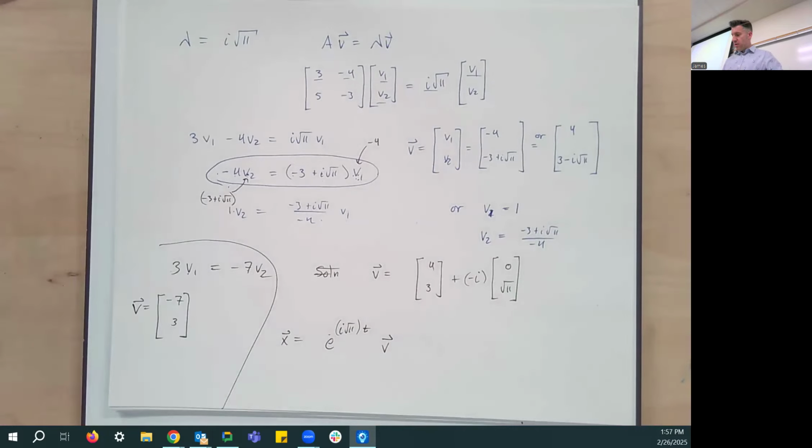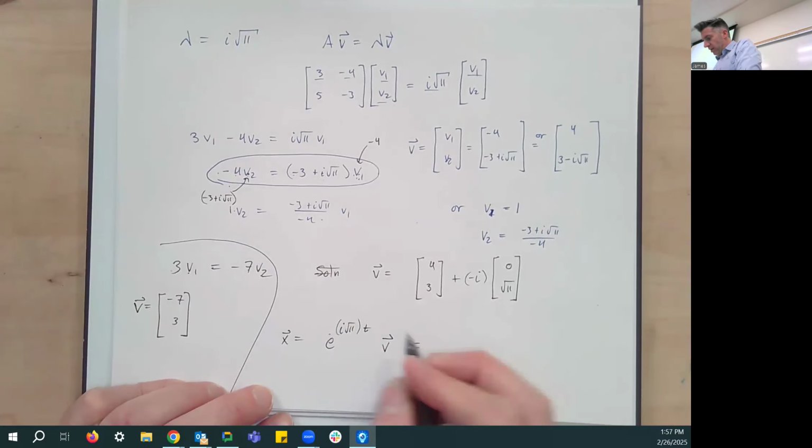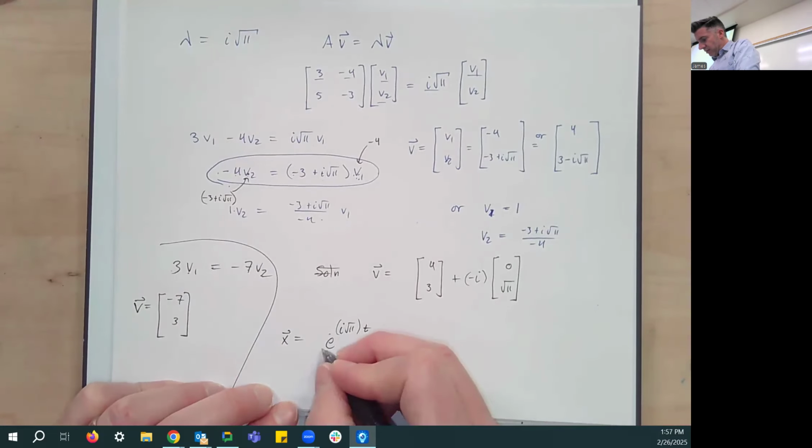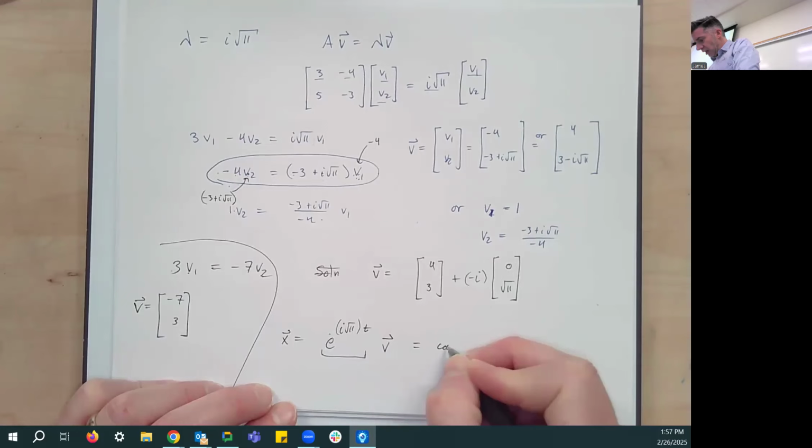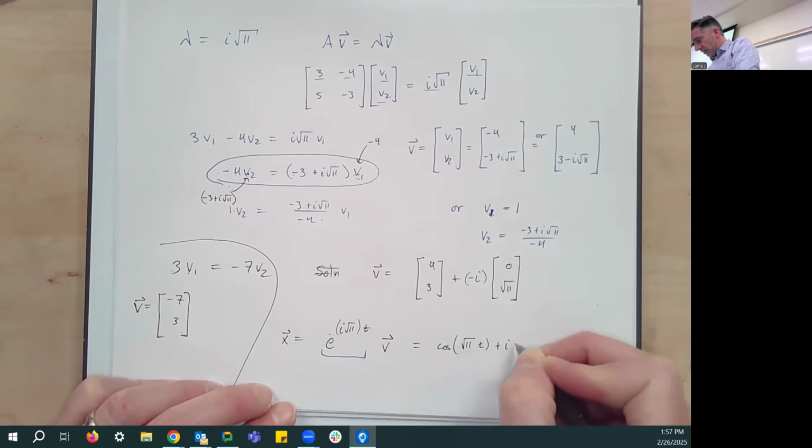So here's what's interesting about this one. There isn't a real part. So we don't get bigger and bigger or smaller and smaller because you don't have the e to the number times t. You just have the e to the imaginary thing times t. And that's going to become cosine of root 11 times t plus i times sine of root 11 times t.